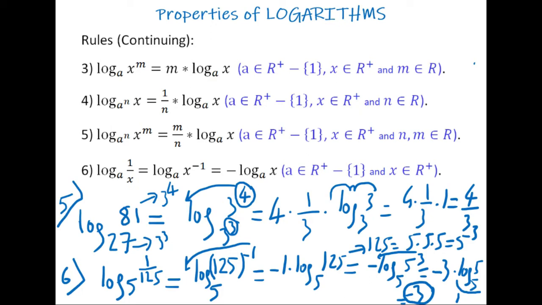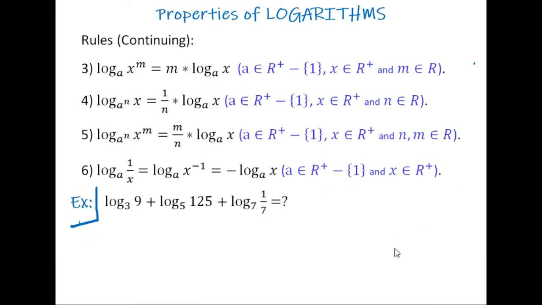Now let's take a look at some challenging questions. Here we have logarithm of 9 in base 3 plus logarithm of 125 in base 5, plus logarithm of 1 divided by 7 in base 7, is equal to what? As I said at the beginning, try to make a connection between the base and the number. 9 can be written as 3 to the power of 2.